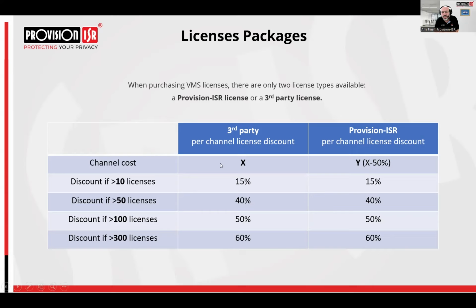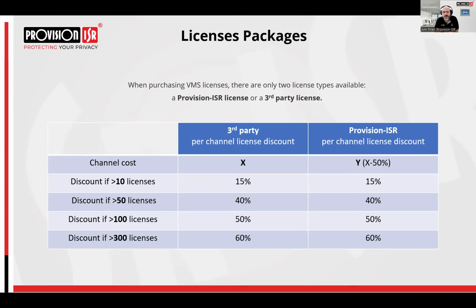And then you need to order channels, 10, 50, 100, or 300, according to what you need. It doesn't matter if it's a third-party or Provision-ISR channel, you have a discount according to the amount of channels you need to order. If you need to order 5 channels, which might happen, we don't like it, but it might happen, then you have a small discount, only 15%.